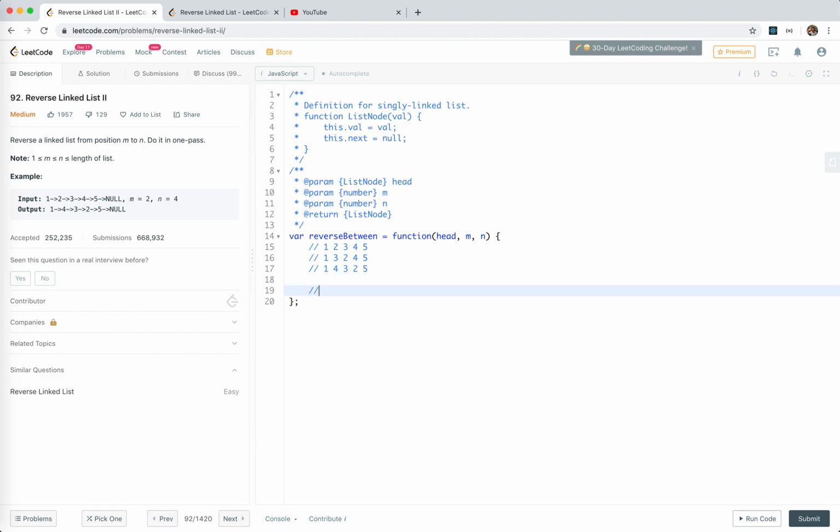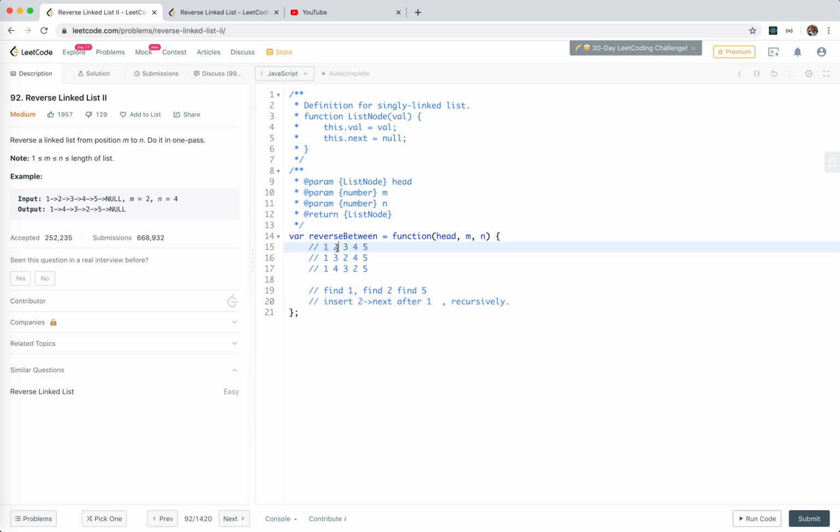So the core idea becomes: we find 1, find 2, find 5, and then insert 2's next after 1, repeatedly, right?